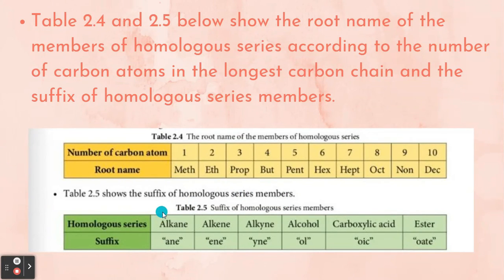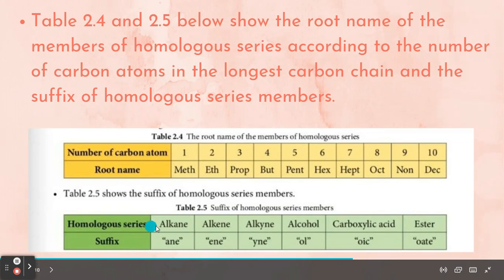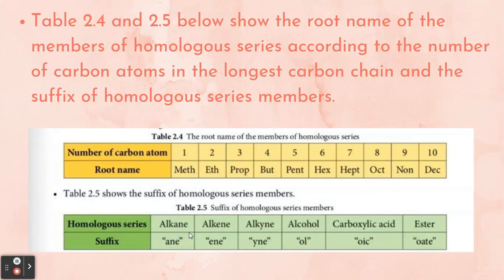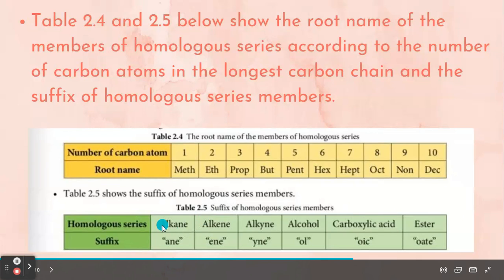Okay, which for homologous series alkane, the name of the compound will end with ane, and for alkene will end with ene. Alkyne, yne, alcohol, ol, carboxylic acid, oic acid, and ester, oate.